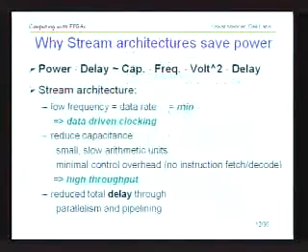Looking at the numbers here, we have power delay as a function of capacitance, frequency, voltage, and delay. Very straightforward. We reduce the clock frequency to a minimum. We reduce the delay by having the architecture that pipelines the whole thing and creates very high data rates.